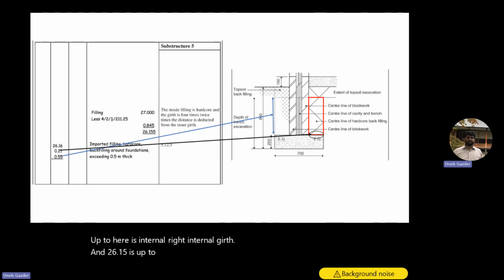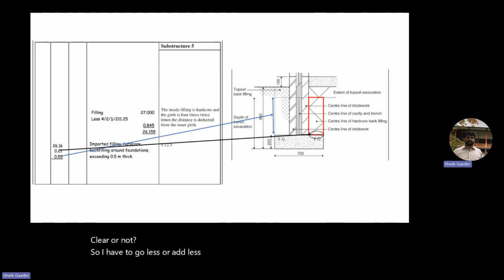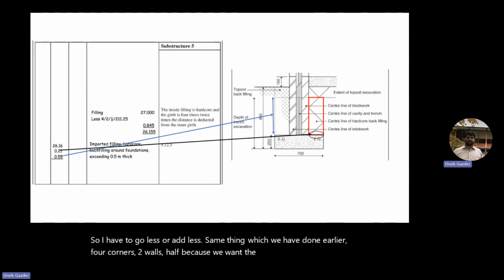Center of this projection. Got it? Clear or not? I have to do less or add? Less. Same thing which we have done earlier: 4 corners, 2 walls, half because we want the center line. This is a projection, not thickness of anything.